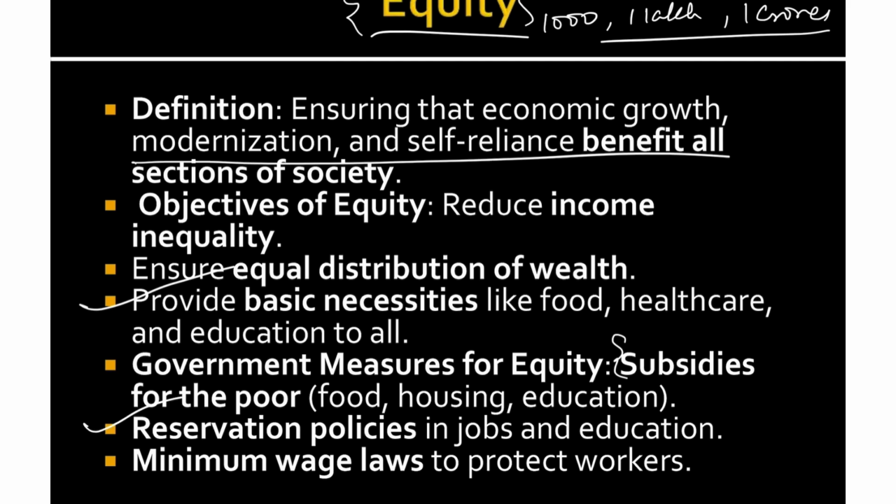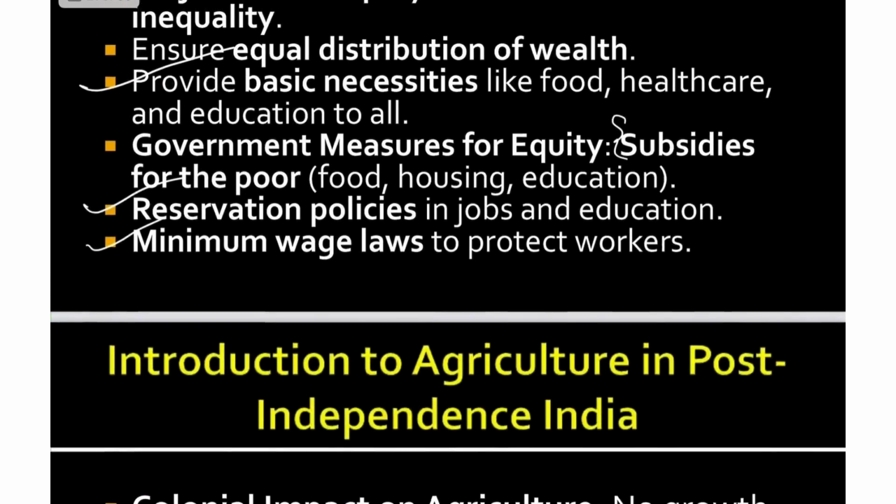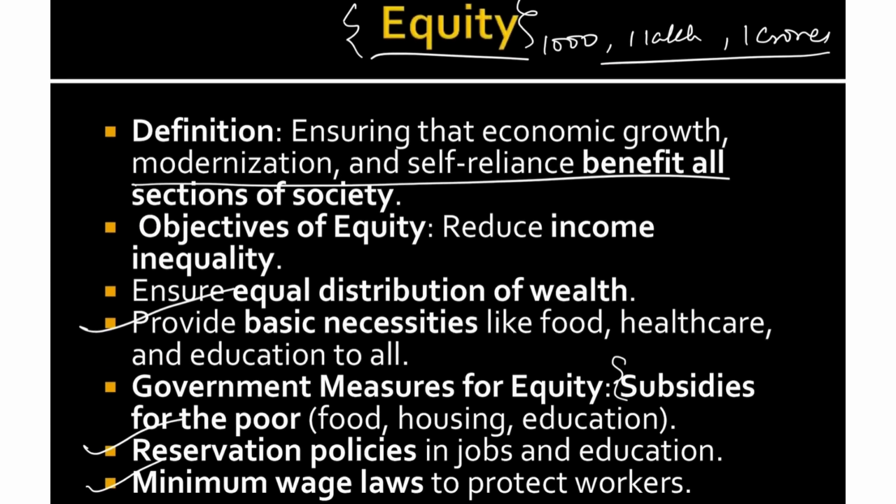Reservation policies were followed in jobs and education, and are still being followed today. And minimum wage laws were also introduced to protect workers who could not fight for their rights or raise their voice. All this was ensured in order to bring equity in the economy.